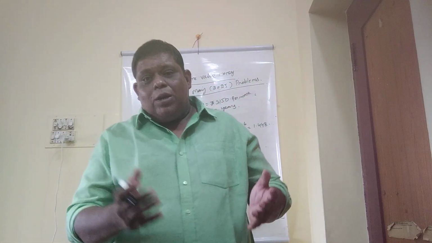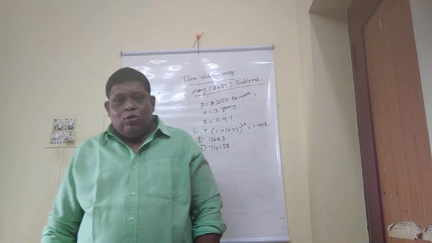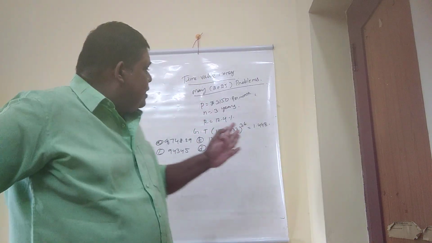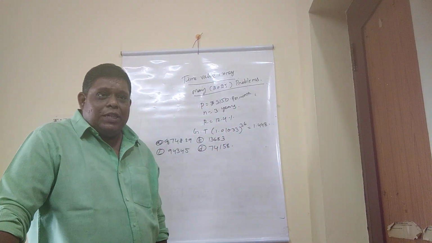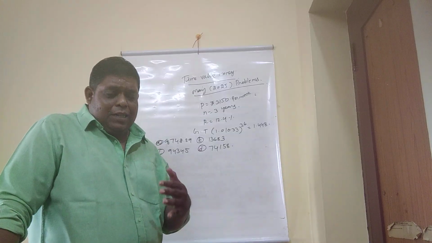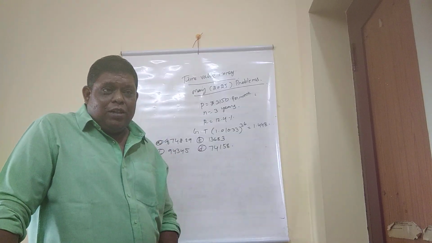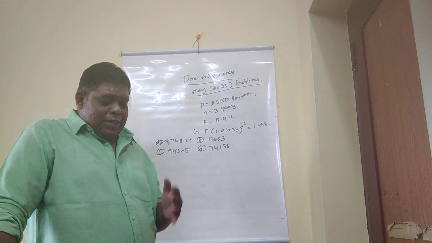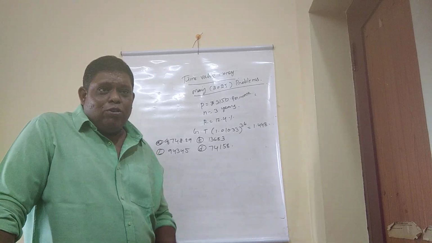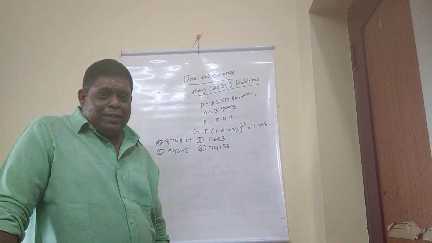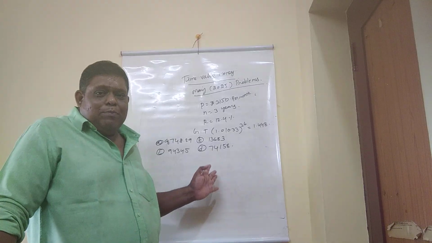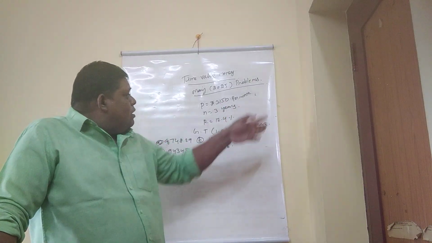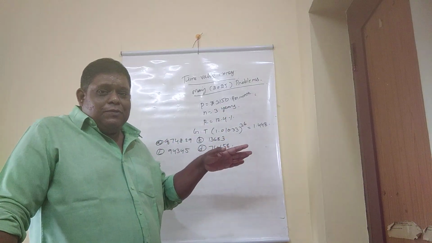For any loan amount, the problem is about present value. For example, if you get a loan amount of rupees 5 lakh from SBI bank to purchase a car, the problem is the present value formula.